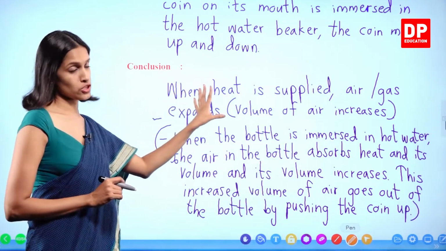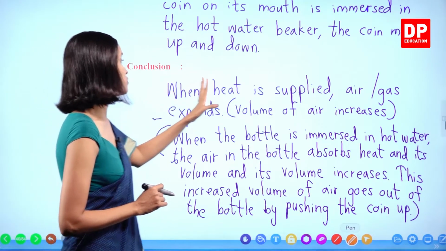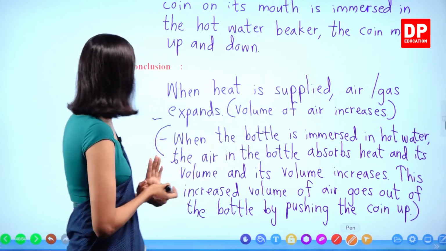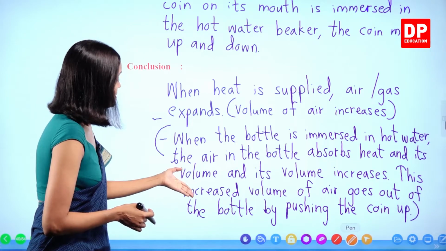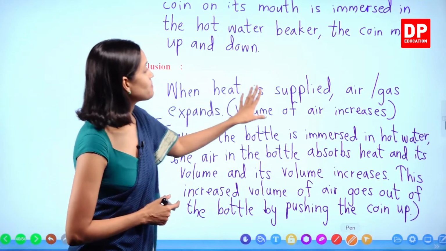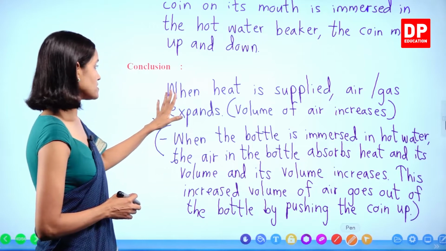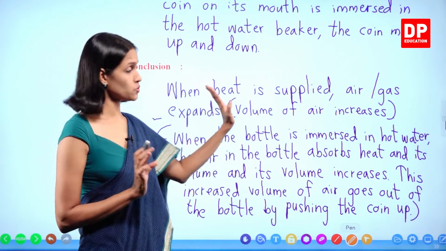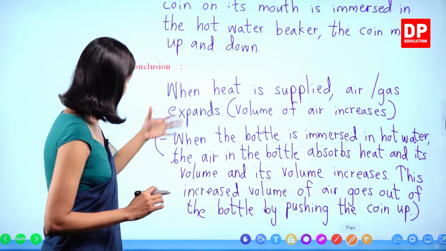This is the conclusion, right? This happens because the volume of the air increases. So actually what happens here? When heat is supplied, air or gas expands, or the volume of air increases, okay? So how does that happen?